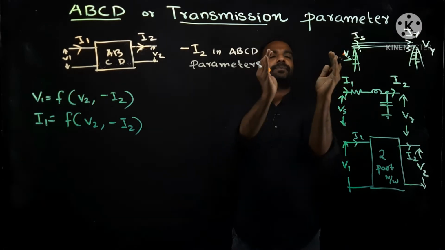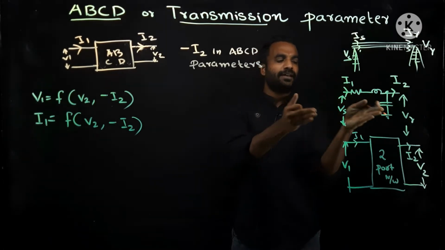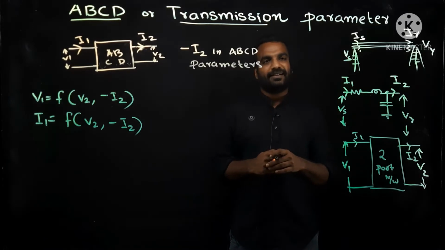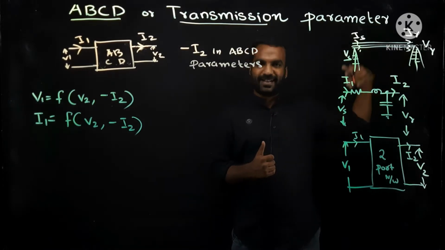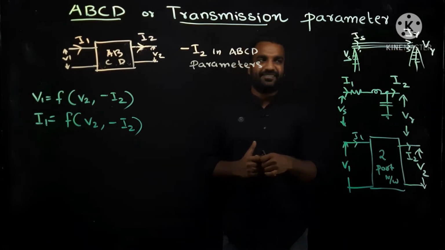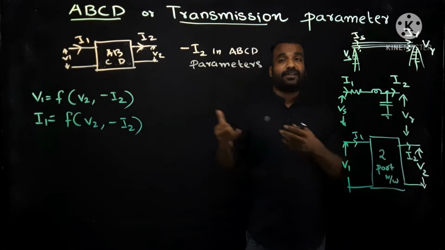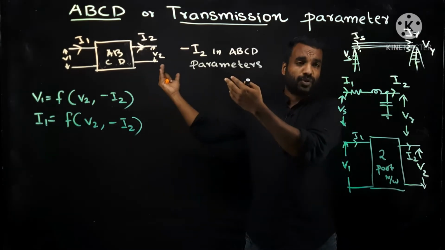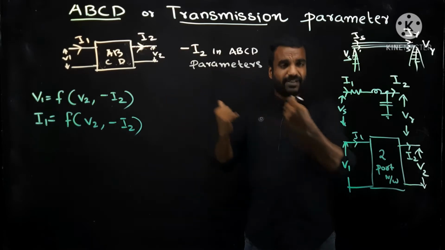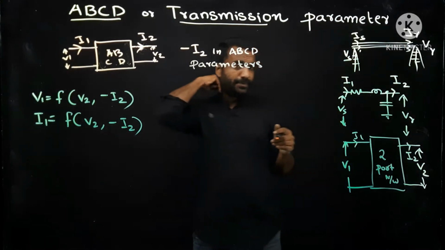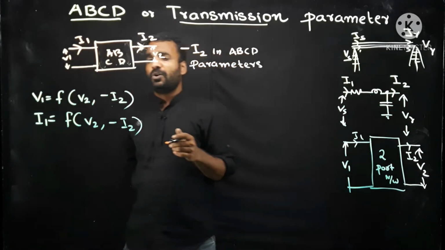We take some 50 kilometer area and model it as a two-port network. Then the current will always go towards Calicut; it will not come from Calicut to Idukki, because it is generated at Idukki and we at Calicut receive the power through the transmission lines. That is the concept.